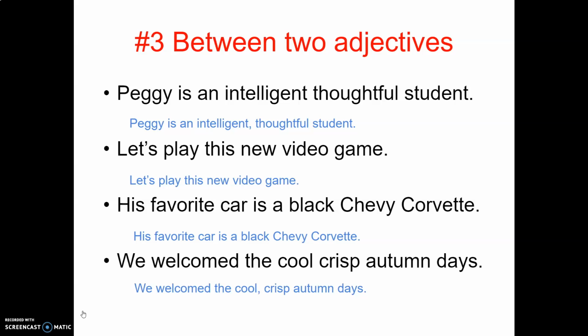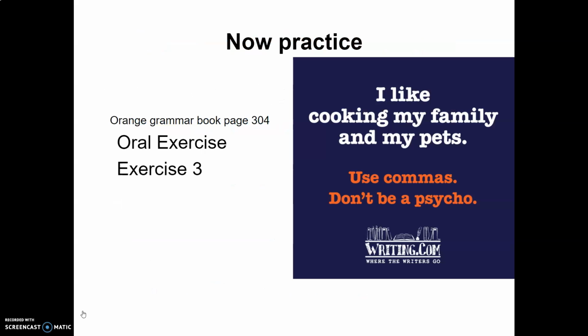But autumn days is kind of one thing that we're talking about, or winter evenings, or whatever it may be. So if we said we welcome the cool and crisp and autumn days, it just sounds a little awkward. So those are some examples of that.